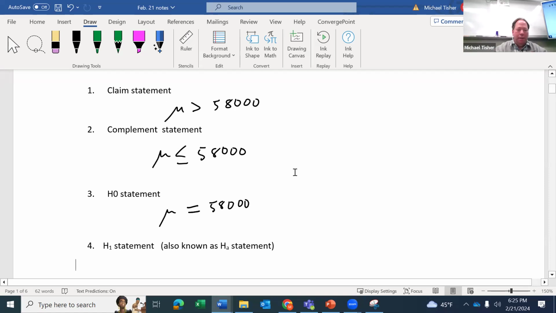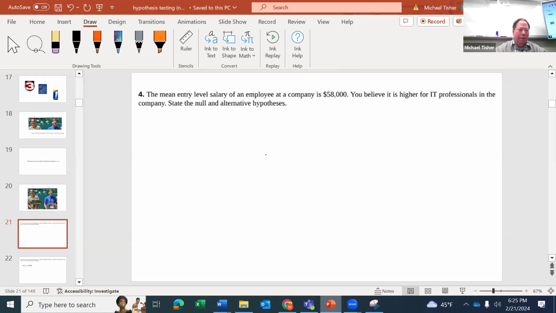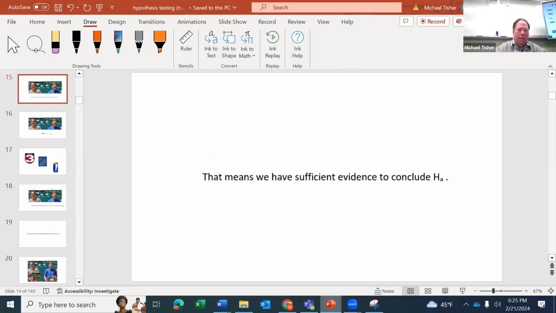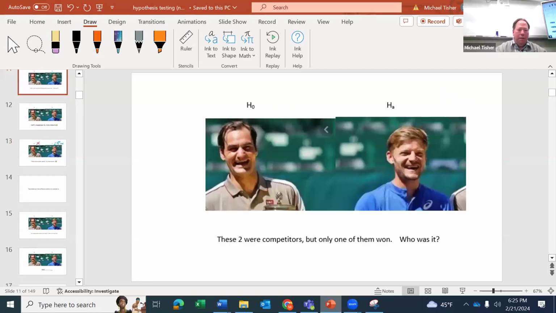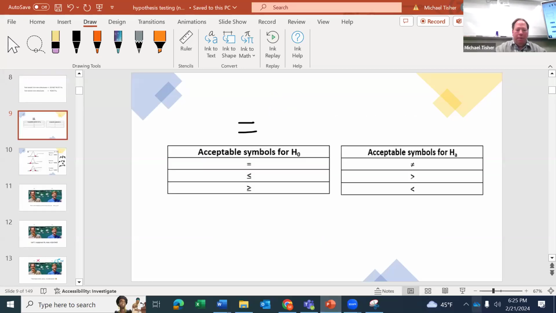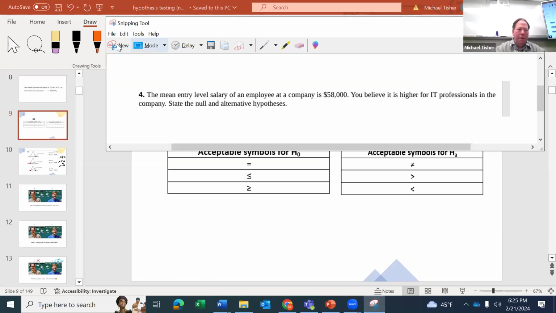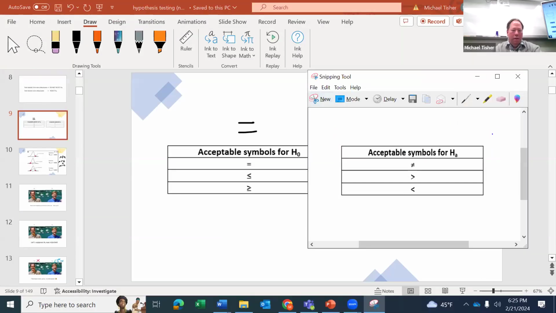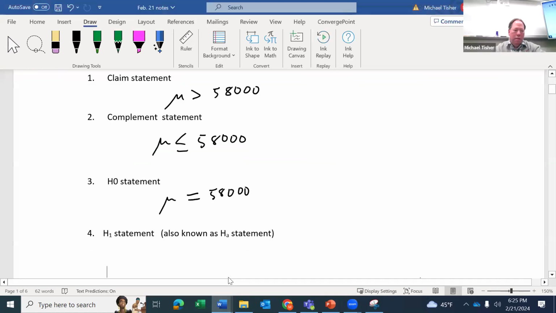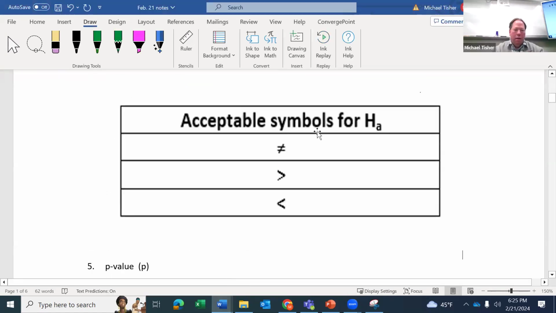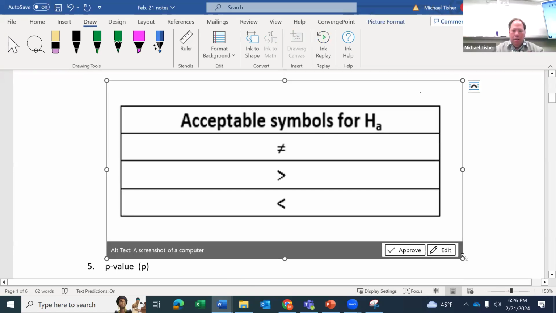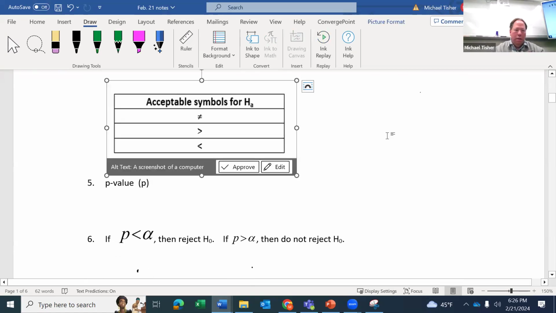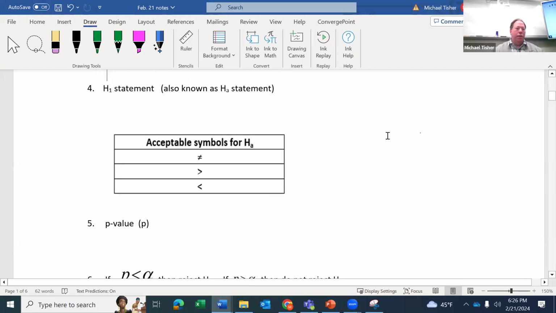To choose which one it is, this is where this table comes in. This table back in the PowerPoint. So here's the acceptable symbols for HA. HA can either have a not equal to, or greater than, or less than in it, okay?